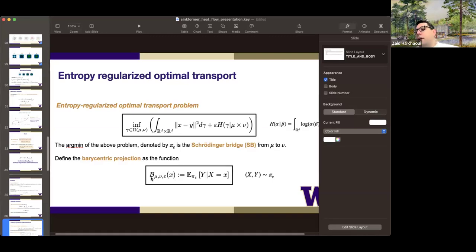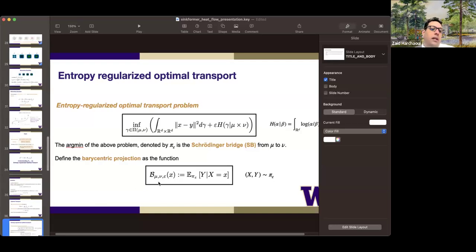So I personally find that it's not a particularly appealing name, except for drawing an analogy with the conditional expectation when we do regression. But the important thing here is that the expectation is under the Schrödinger bridge from mu to nu.